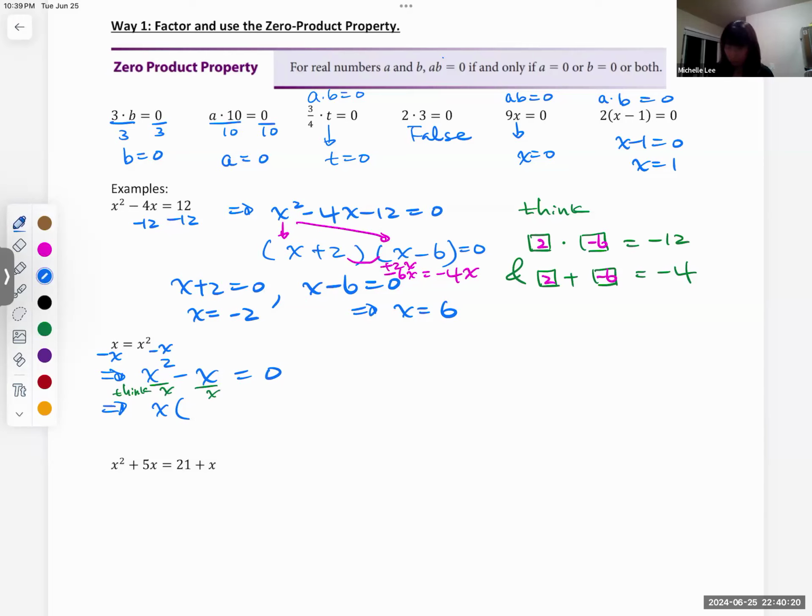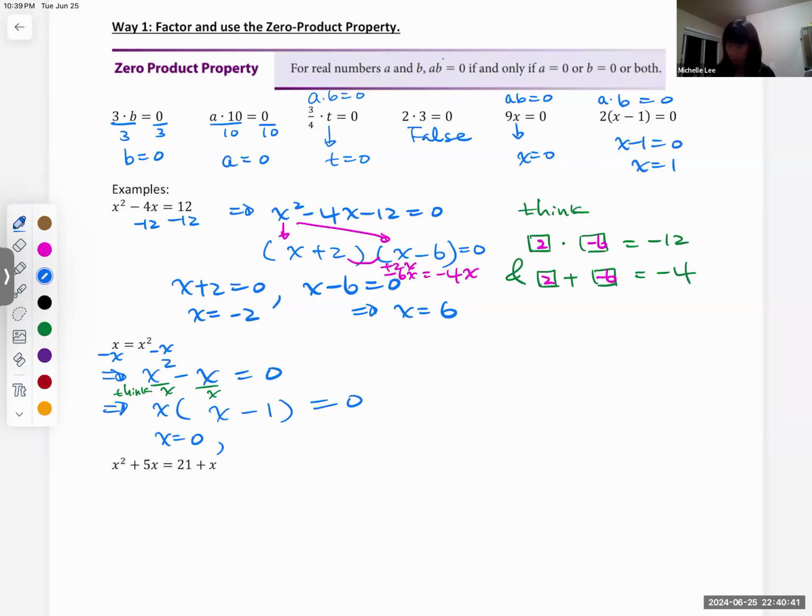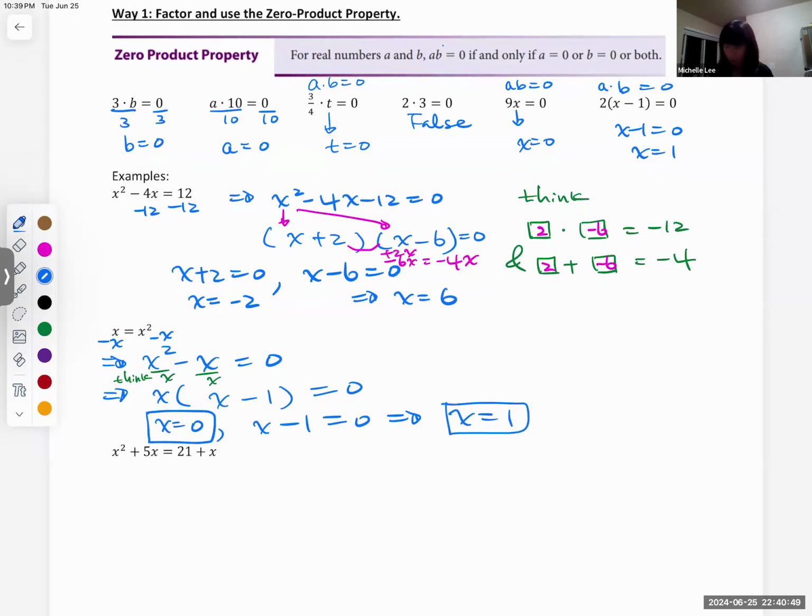So there will be x times x minus 1 equals 0. So a times b equals 0, that is a equals 0 or b equals 0, or both are equal to 0, by the zero product property, right? So x equals 0, or x minus 1 equals 0, that is x equals 1. So we have two solutions there.